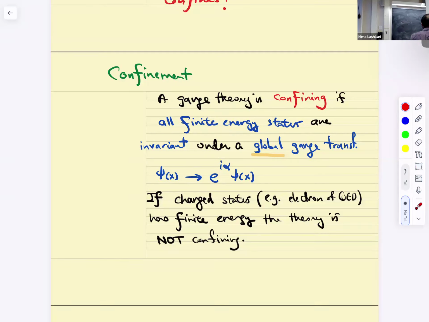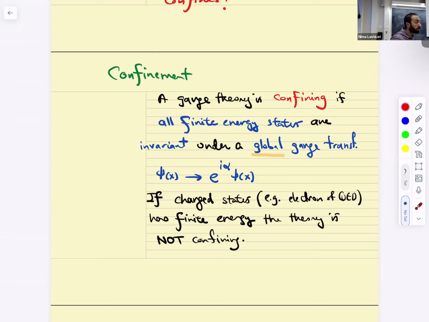Right? So what this means is that in non-confining theories, these types of states are the only things you can have. So this should have significantly less energy than a single Q. Okay, good.